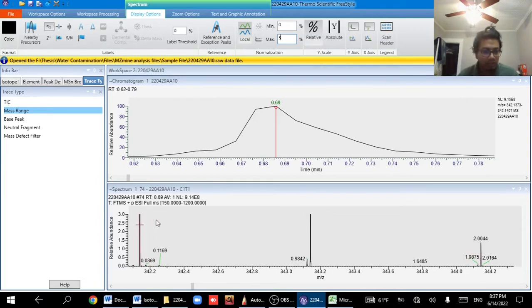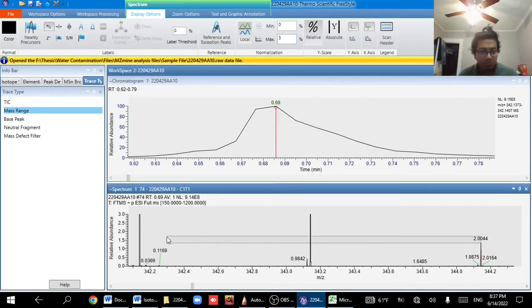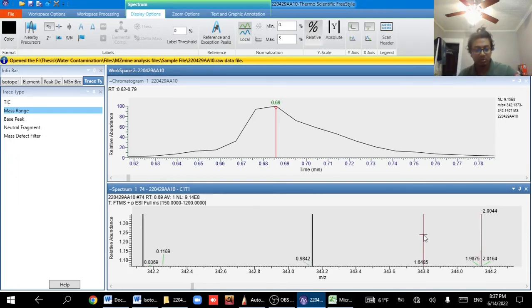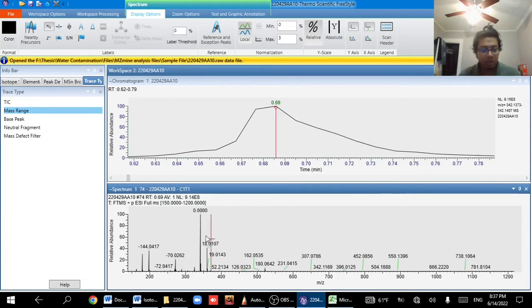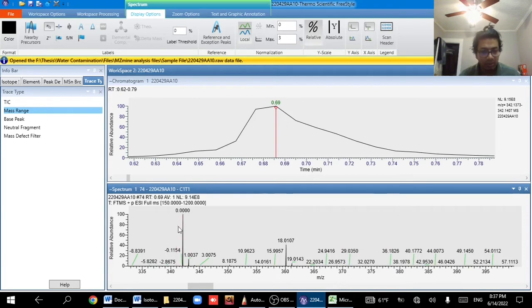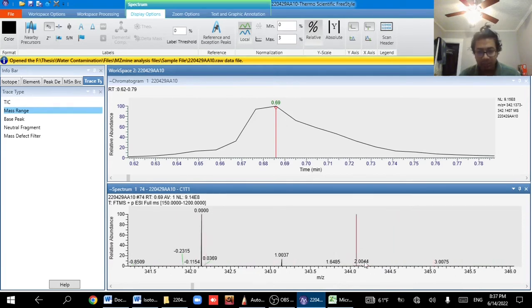The original peak was at 0, now this peak is at 2.004, and I can easily see the height of that peak. It is like 1.85, right? This height of that peak is 1.85, I think. So okay, I got that oxygen 18, and the height of that peak, the height at 2.004, is 1.85.